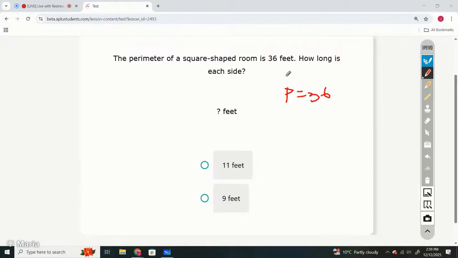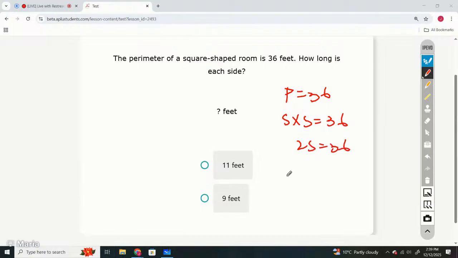How long is each side? So the area of the square is side times side, equal to 36.